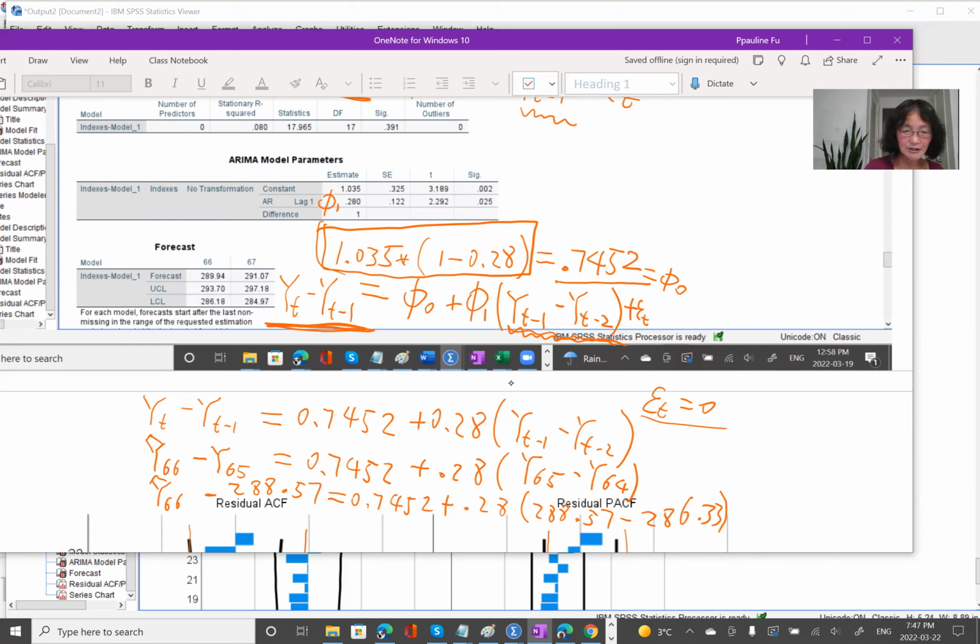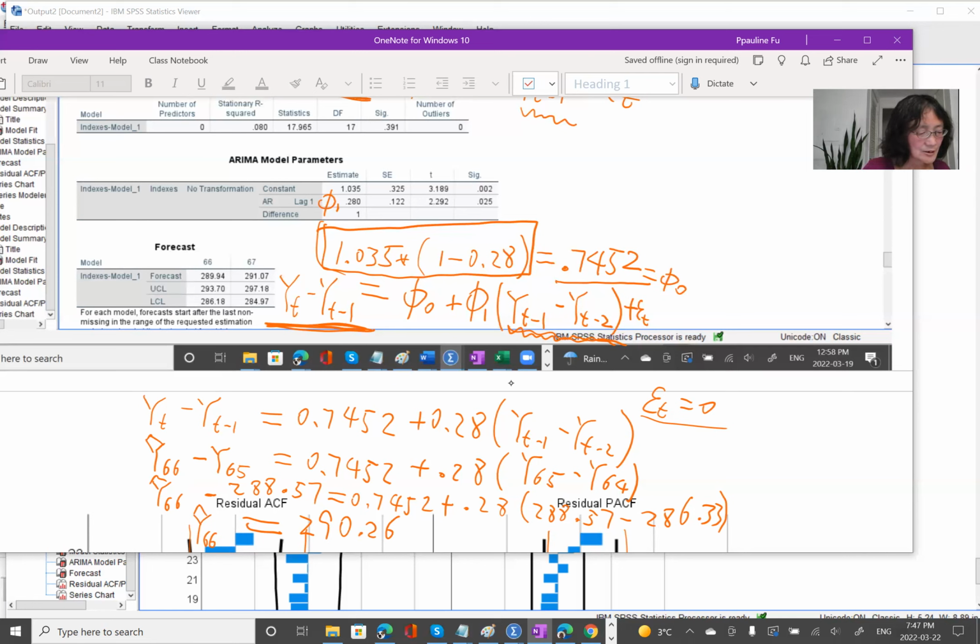Okay. And if you go one step further, you will get y66 hat. Just do the arithmetic, the addition and subtraction. My calculation shows I got 190.26. You can double check.